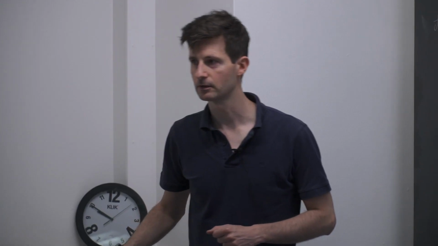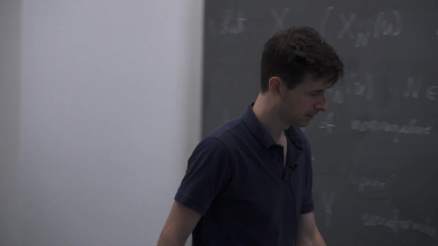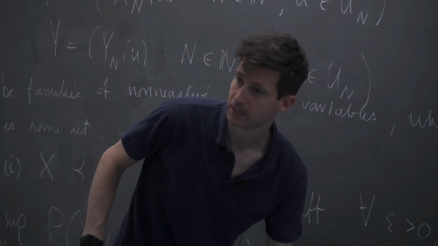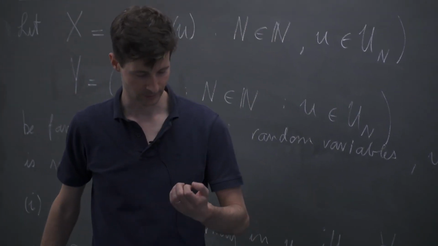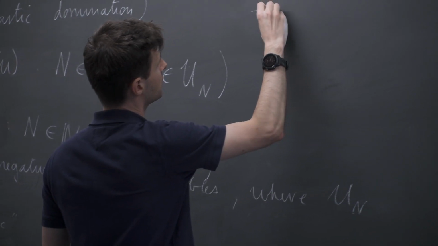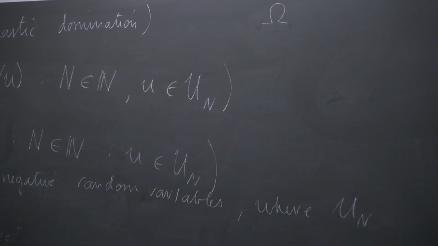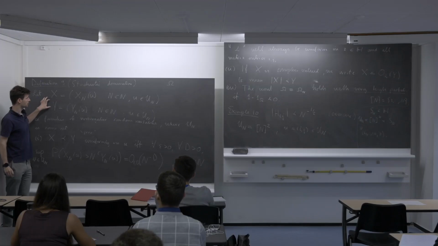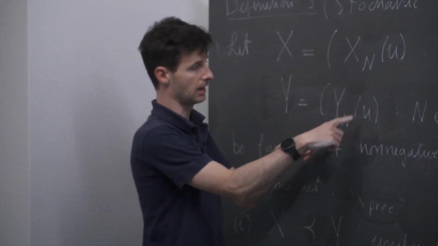One of them is good and one of them is bad. Let me give you the bad philosophy. Of course, you may imagine this is highly subjective and there are people who will disagree with me. The bad philosophy is that you have a unique probability space, omega, and these are all random variables on the same probability space, indexed by n and u.